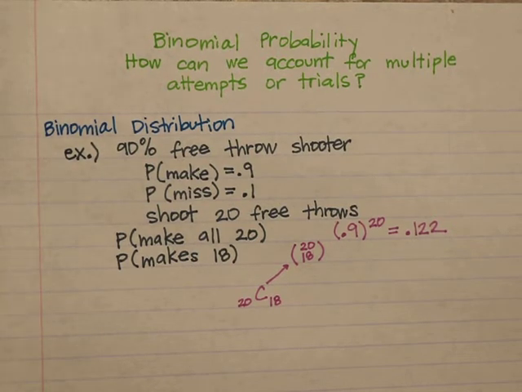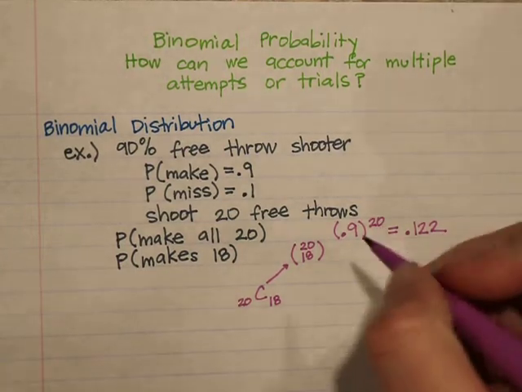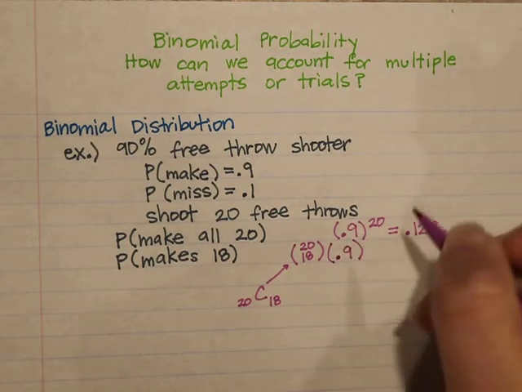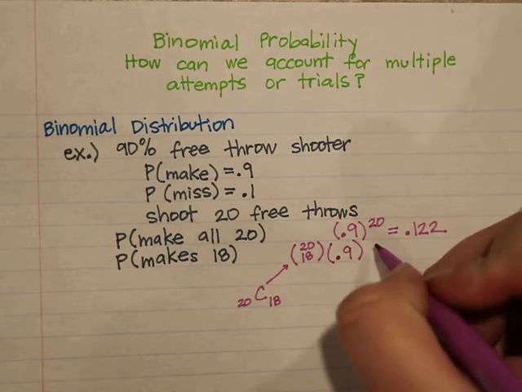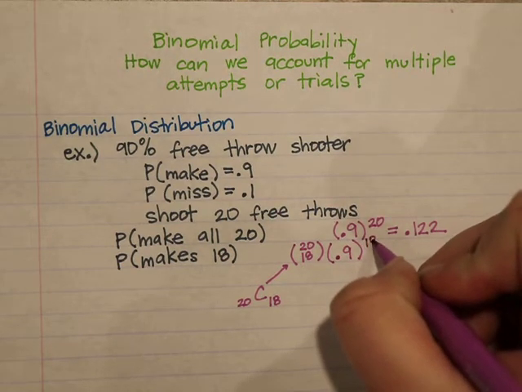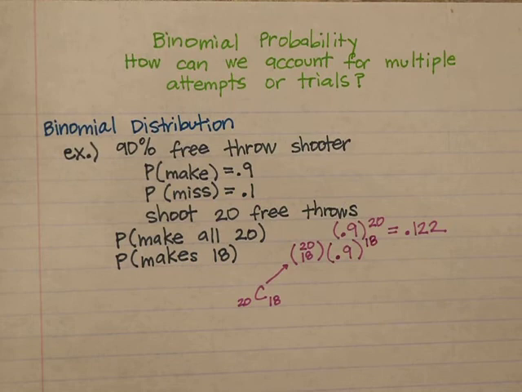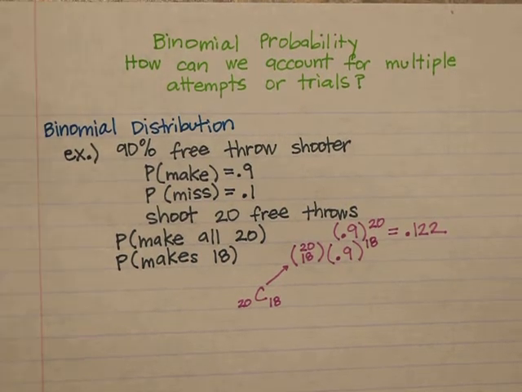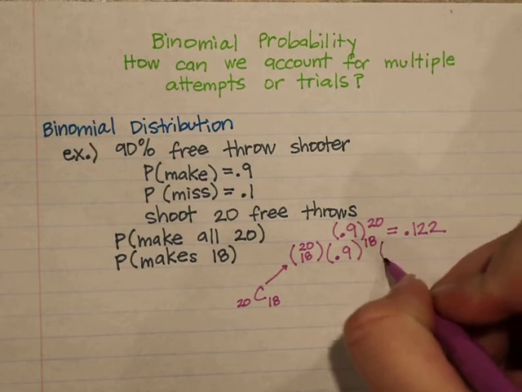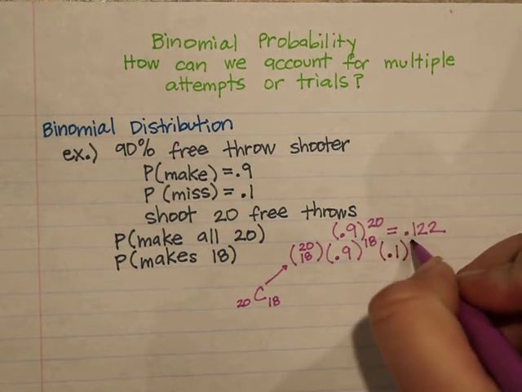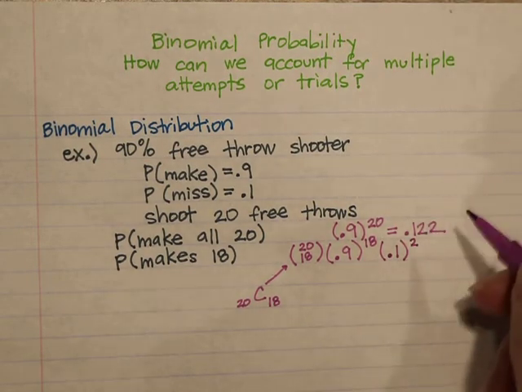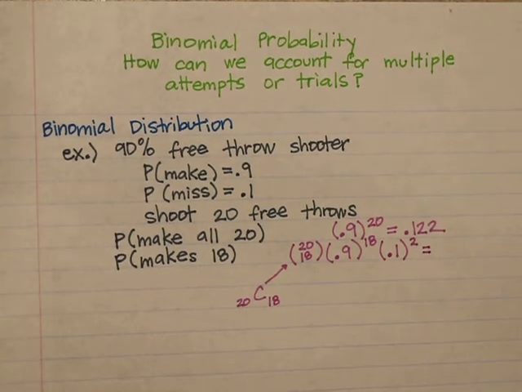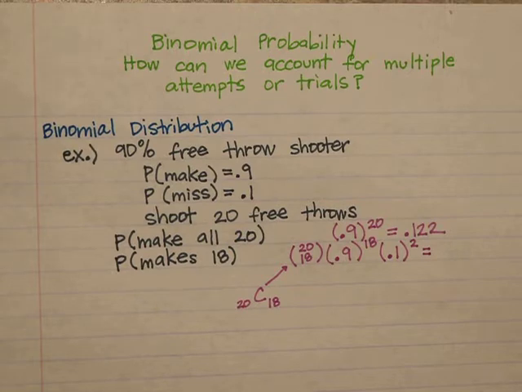So we're going to use that 20 choose 18. Then we're going to say 0.9 of the time, 90% of the time, he's a make. So that probability, that 0.9, we have to account for 18 makes. And then the other 2, because we still want it to add up to 20, the other 2, he's going to miss 0.1 of the time.